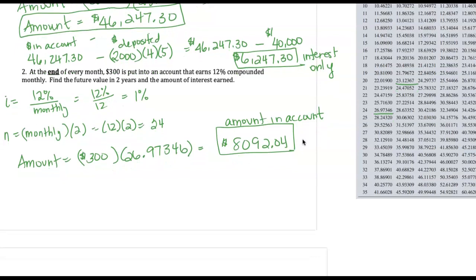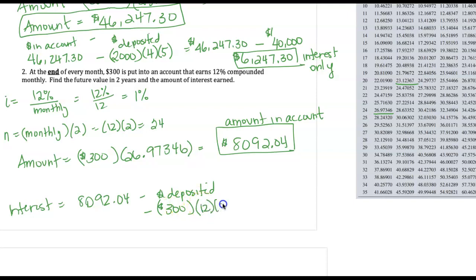The second part is to calculate the interest. So to calculate the interest, we're going to take the amount in the account and we're going to subtract the money that was deposited. So in this case, $300 was our repeated deposit into the account, and we did that 24 times. 12 times a year for 2 years.